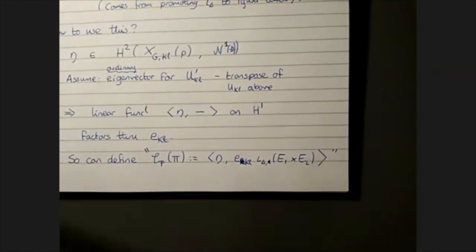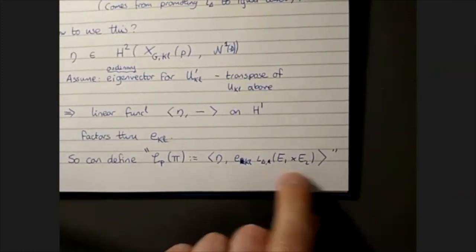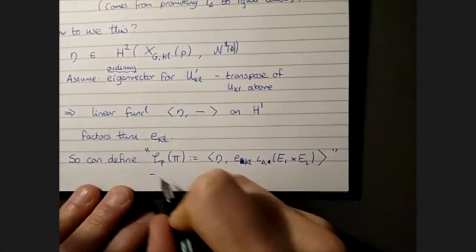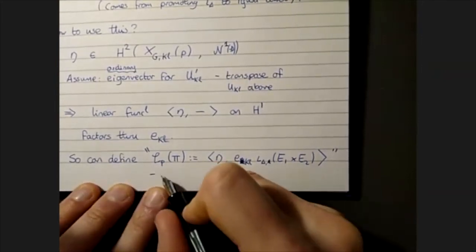So this makes sense for specific holomorphic Eisenstein series E_i, but the point is that it varies analytically as the E_i vary.